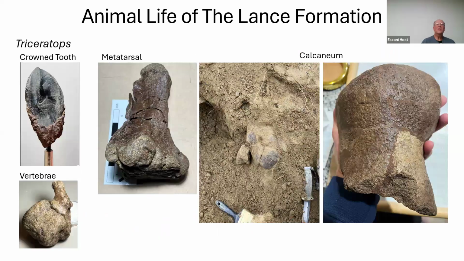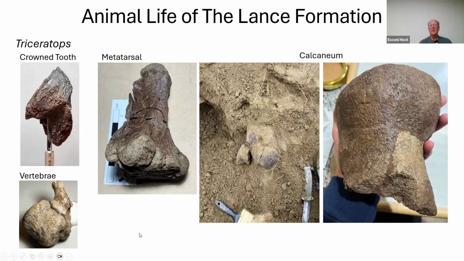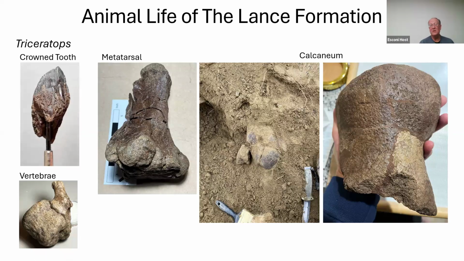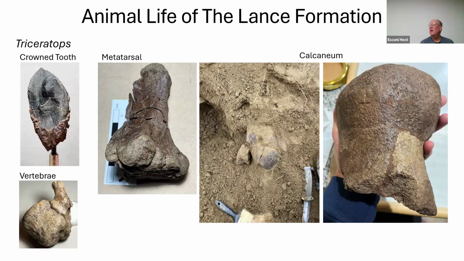So what do Triceratops fossils look like? Let's see if I can get this to go. First one is a spit tooth, you would think, but this is a spit tooth with root, which means, in effect, this was a tooth that had tumbled out in the current of the channel and got buried quick enough to preserve its structure.